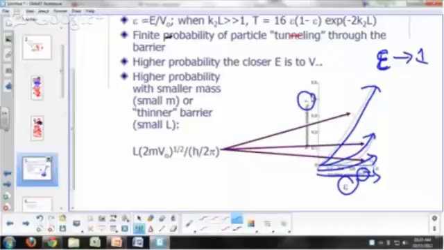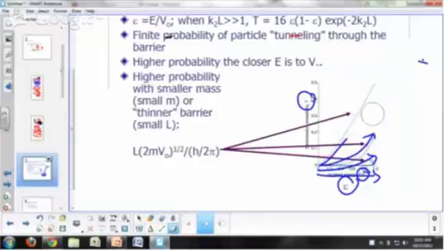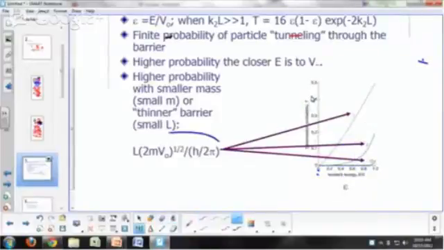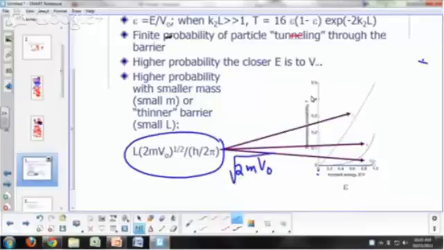Now, these plots are labeled with a value for this expression, which your book does not give a name, but that's basically the square root of 2m V naught over h bar times L. Each of these curves represents a value for this expression.